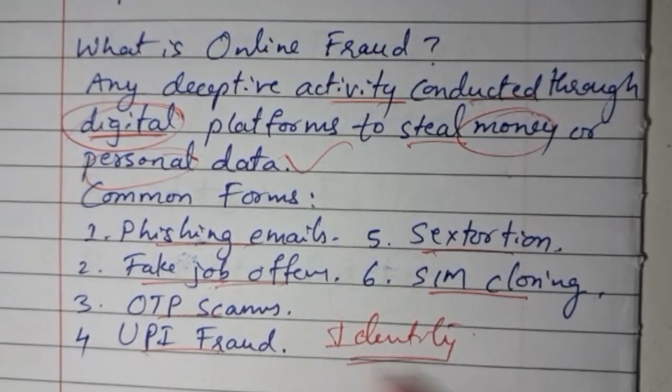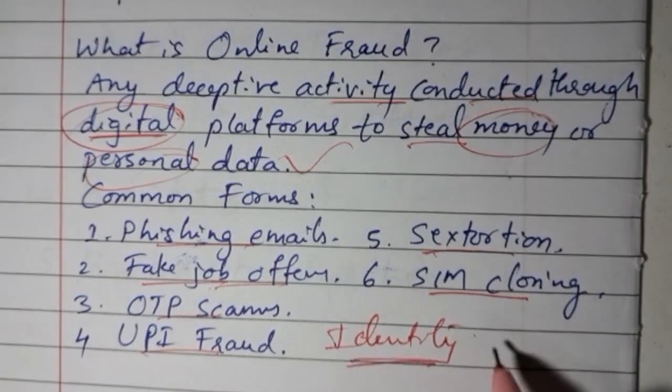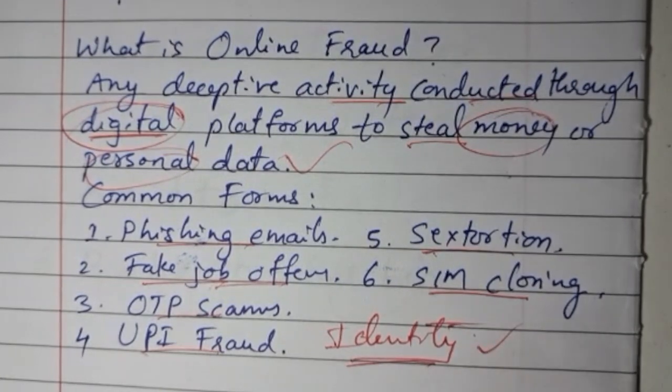Basically, they will use your data, maybe your Aadhaar card and other personal data, and then try to steal your money from the accounts linked to your number, and it is very easy for them to perform those activities.